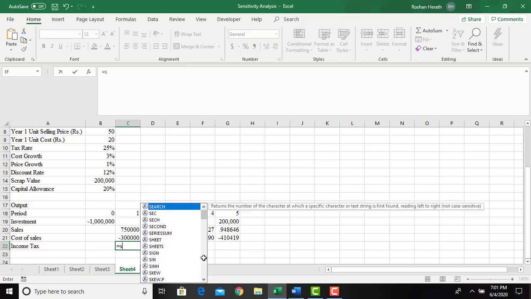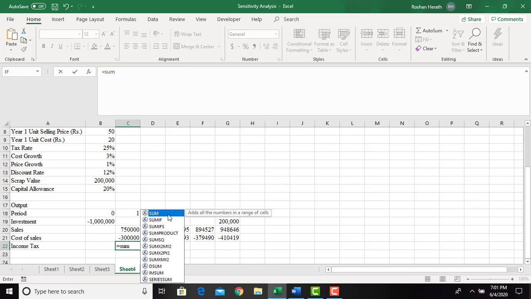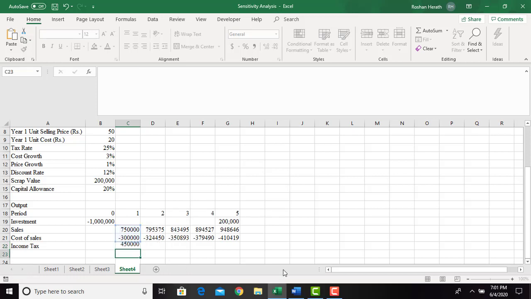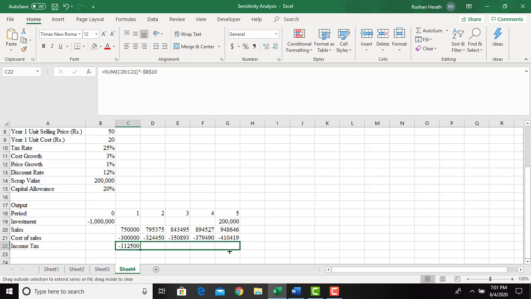You may take the summation of these two figures, then you get the difference, right? Once you determine that, you multiply it by minus the tax rate, since income tax is a -1. Then you have the income tax. Now you can drag that, and that is your income tax.